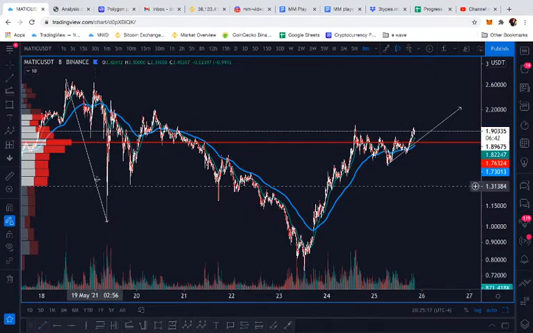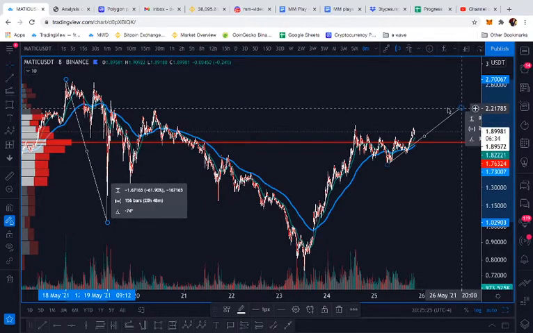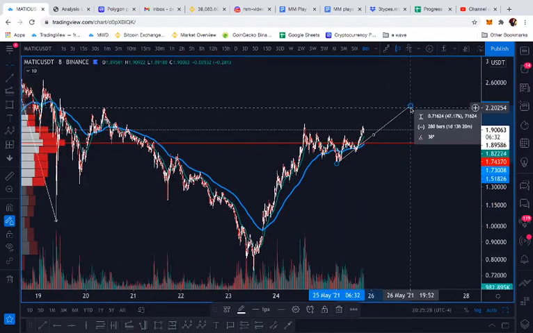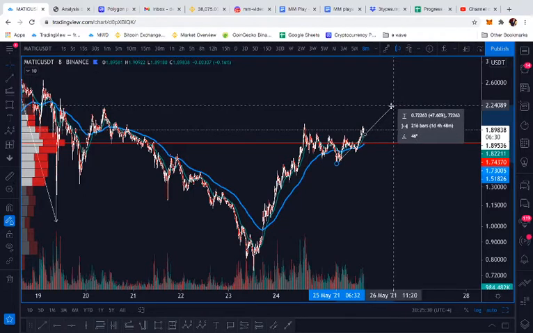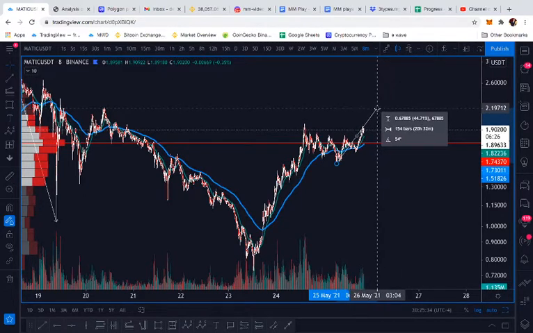20, how much? Uh, 20 hours. 56 bar. 156. 61%.